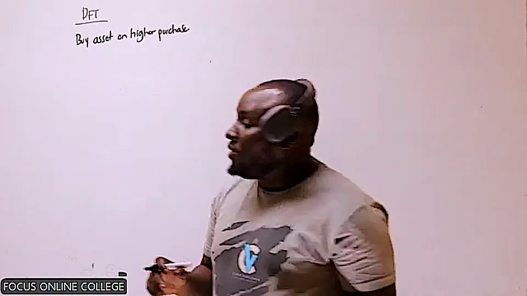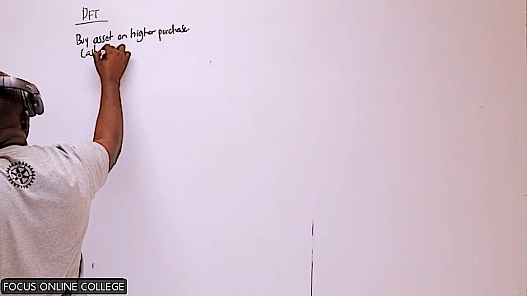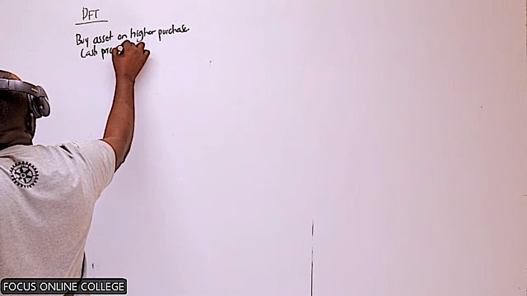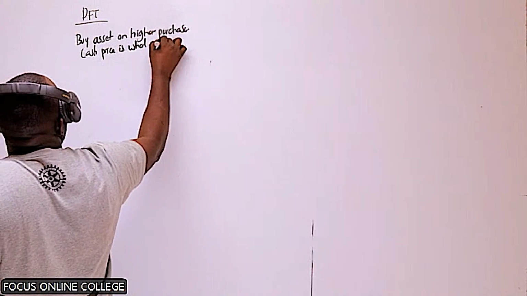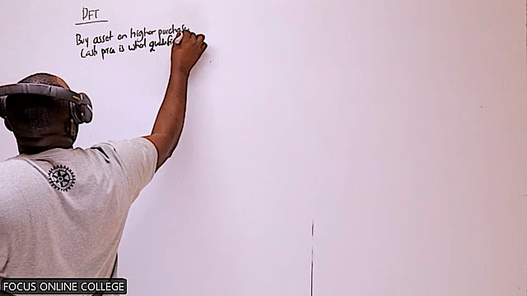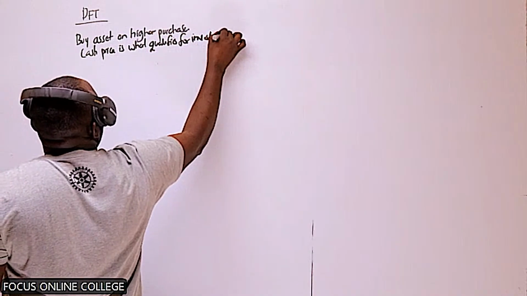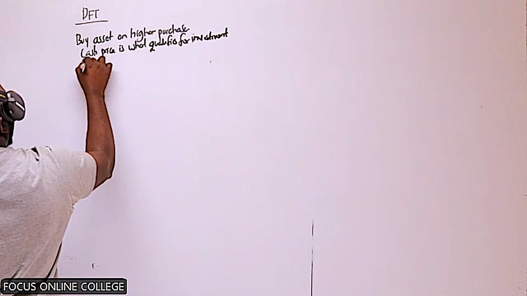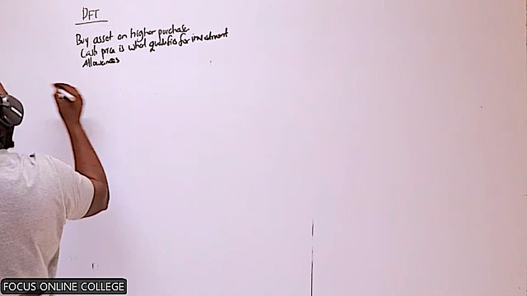The value that qualifies for investment allowance is what's called the cash price. Cash price is what qualifies for investment allowance.